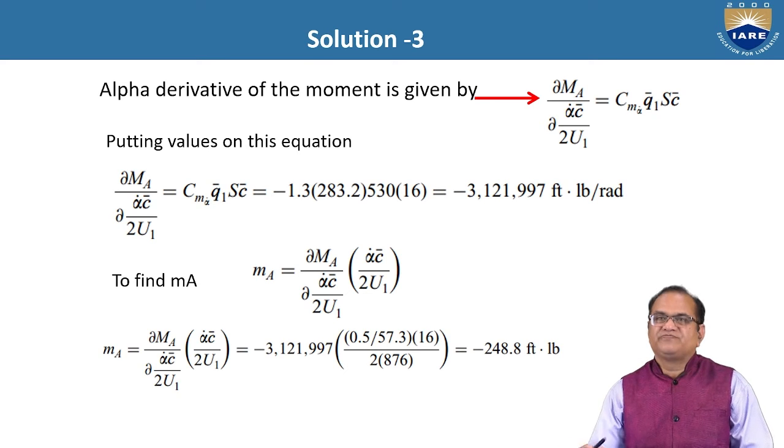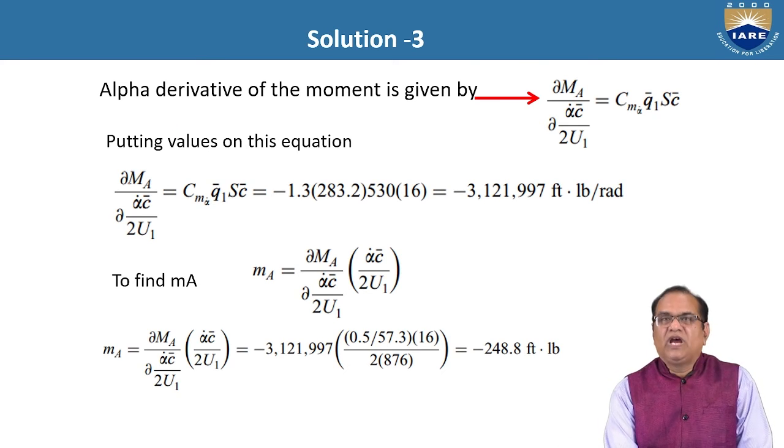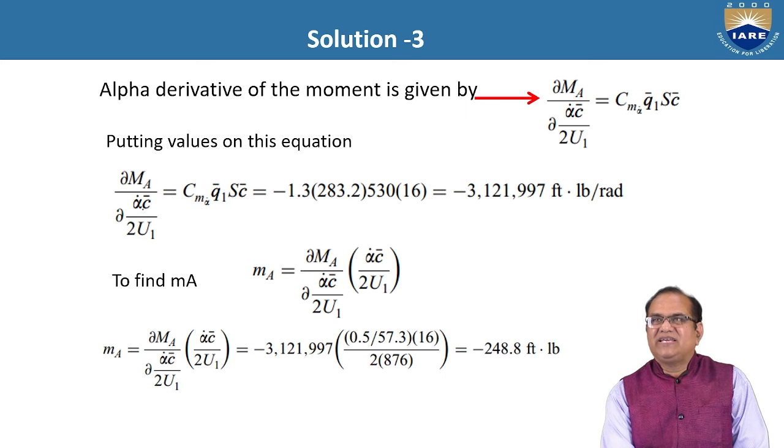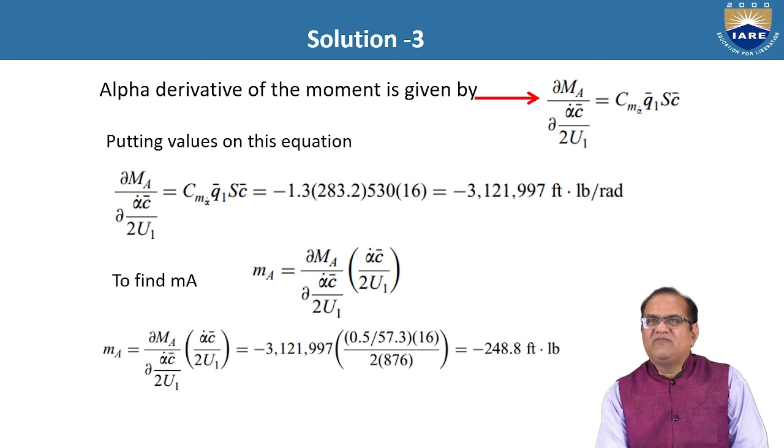Putting this value in this equation, we will put Cm alpha Q1 S C bar. Cm alpha is given as minus 1.3. You know that if it is a minus, it is stable. So minus 1.3, 283.2, it is Q1.